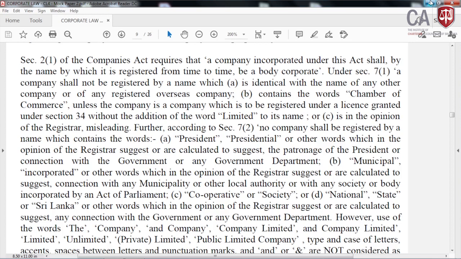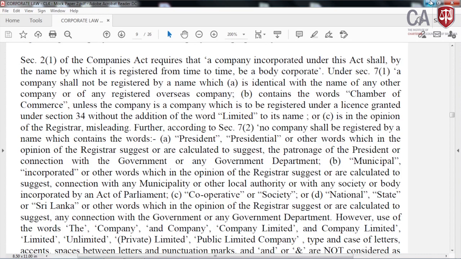The name is misleading, probably with an existing name. And further, according to section 7(2), no company shall be registered by a name which contains the words president, presidential, or other words which in the opinion of the registrar suggest or are calculated to suggest the patronage of the president or connection with the government or any government department.